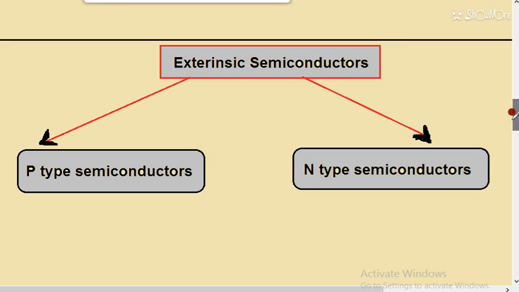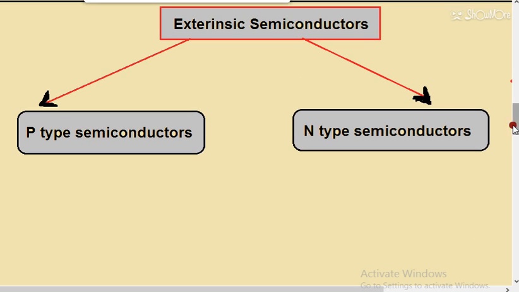Now there are two types of extrinsic semiconductors. You can note them down. One is p type semiconductor and another one is n type semiconductor.